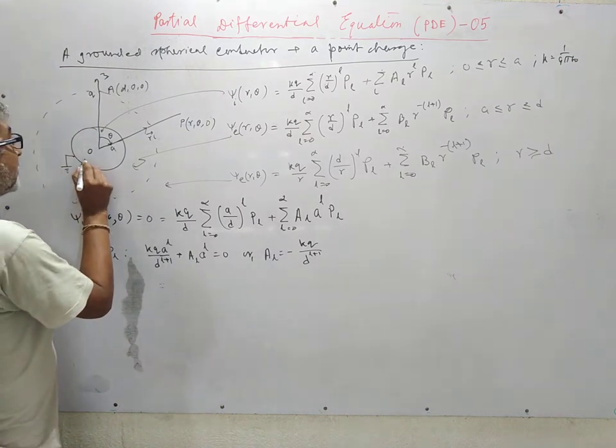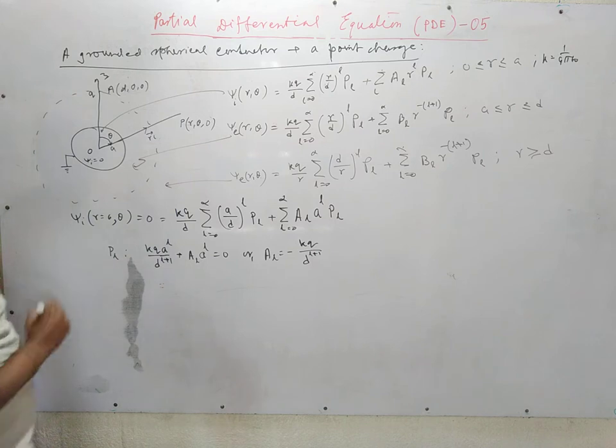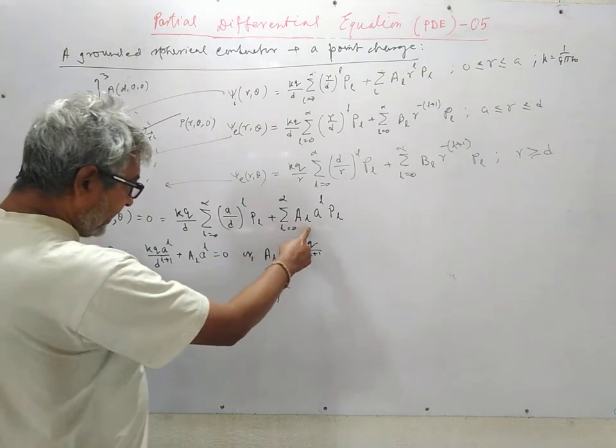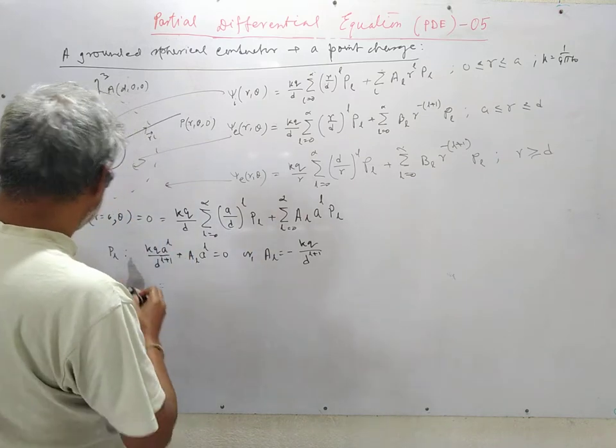That is to say, phi I is equal to 0. So these are the values of AL which satisfy this condition.